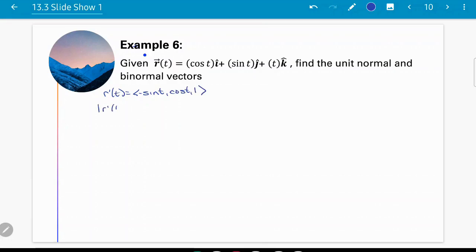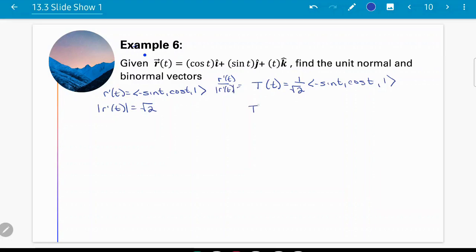The magnitude of r'(t) we found was the square root of 2. We found that our unit tangent vector is 1 over the square root of 2 times negative sine t, cosine t, and 1. Because remember, T(t) is r'(t) over the magnitude of r'(t).